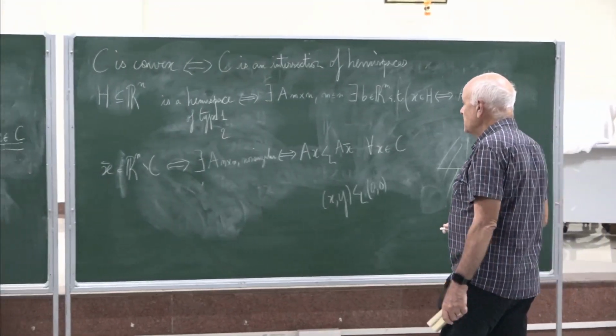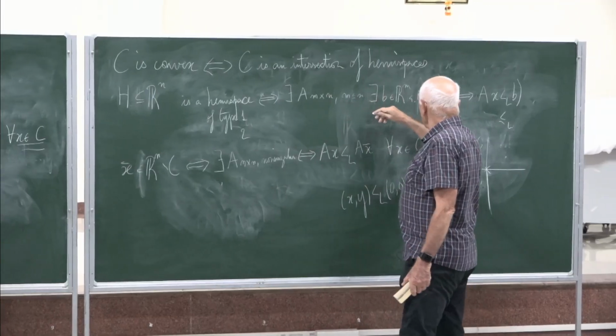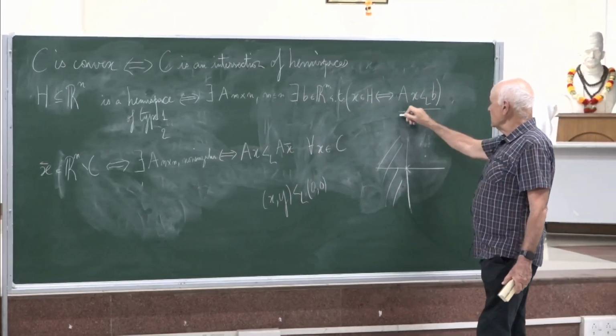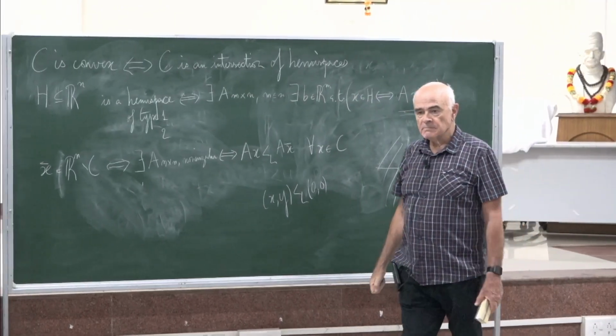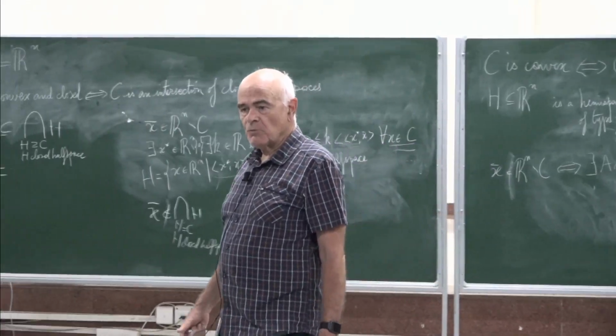You can say a set C is convex if and only if it is an intersection of sets described in this way. And this is equivalent to the classical definition of convexity.